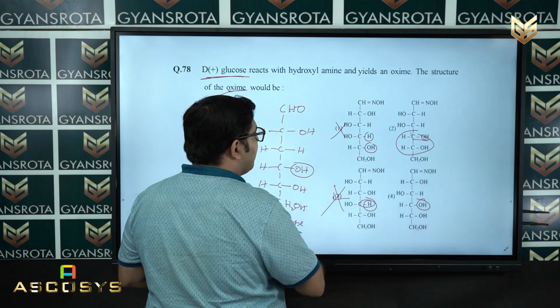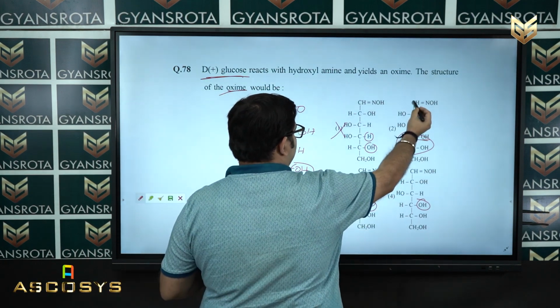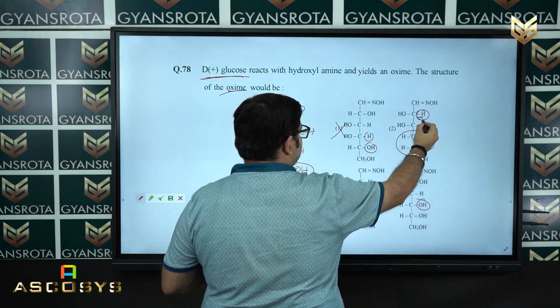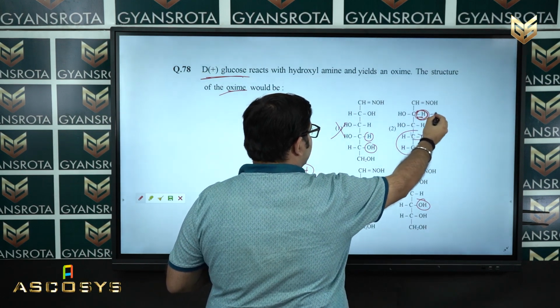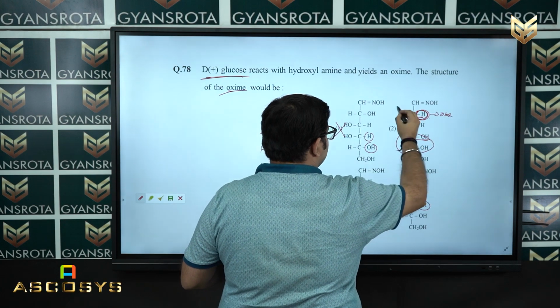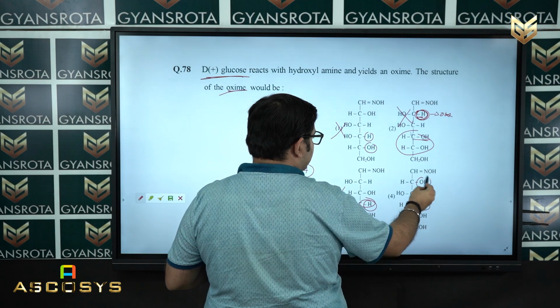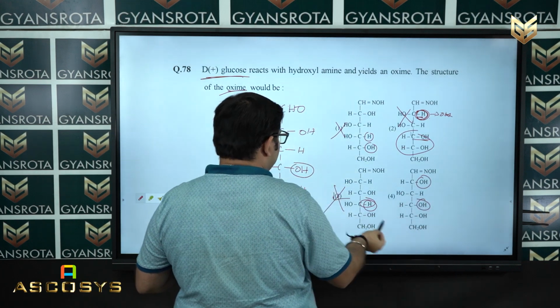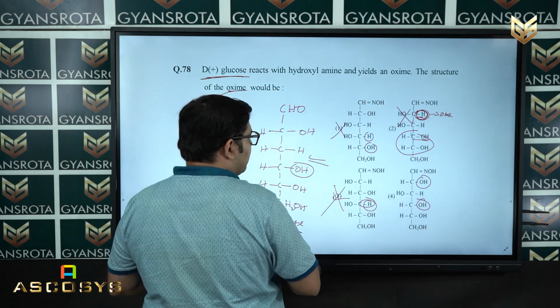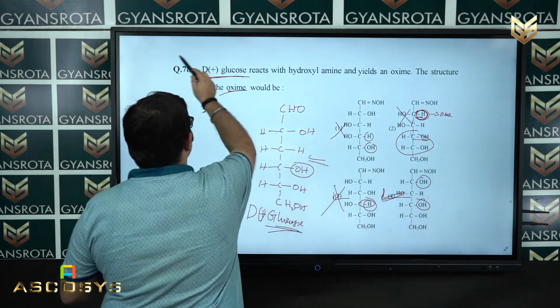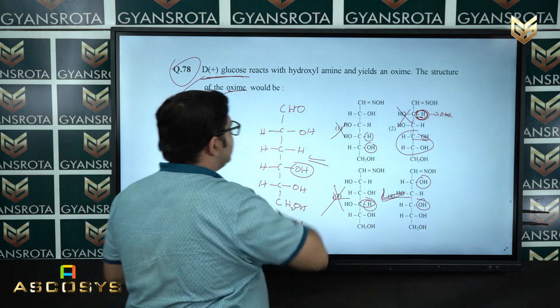So this may be our answer. Now if you see the parent structure among this, here this hydrogen should not be there, here OH should be there. So this is not the option. Now if you see option number 4, your first one is OH and all the remaining match the parent structure of the glucose. So option number 4 is the correct answer of your question number 78.